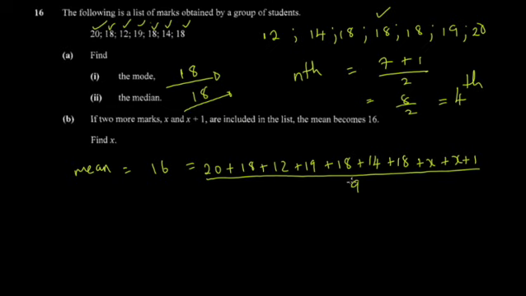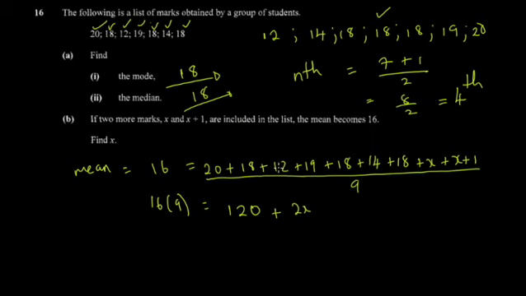Here you can just cross multiply and get 16 times 9, and then add everything else. Just pause the video, add this and see what you get. You should be able to get 120 plus 2x.